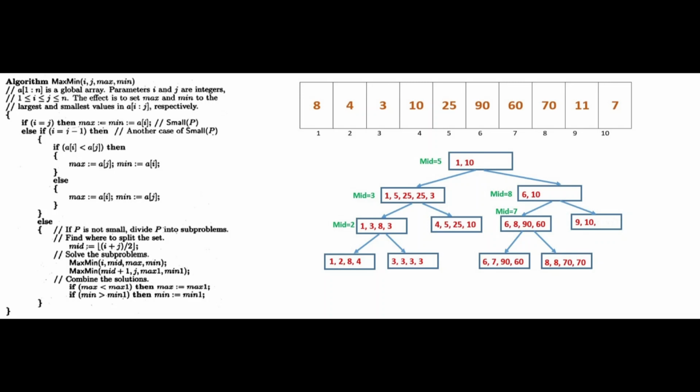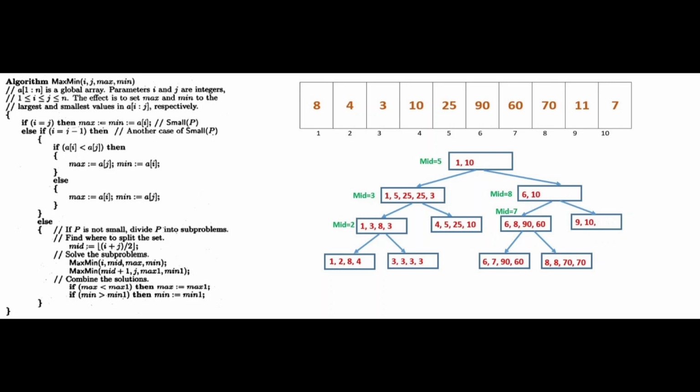So find the maximum value, that is max equals a of 9. Assign a of 9, that is 11, to variable max, and a of 10, that is 7, is the minimum, so assign 7 to min 1.